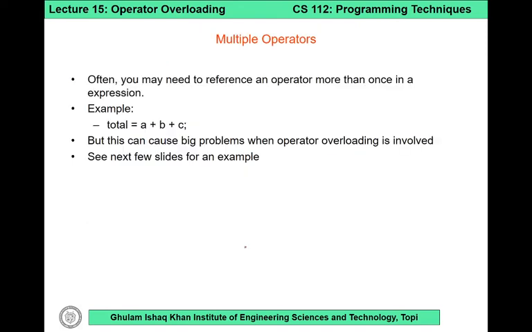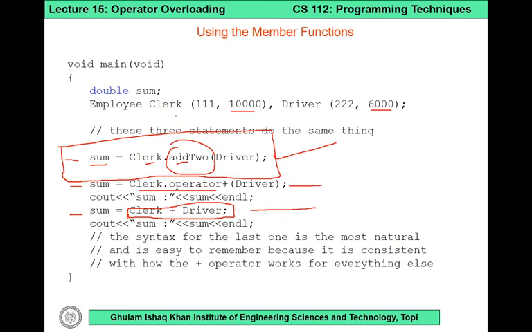Now the actual issue is there. For example, we have got a clerk plus a driver plus a waiter, right? Like here we created the instance clerk, and we created another instance driver, and we had no third or fourth or fifth instance.